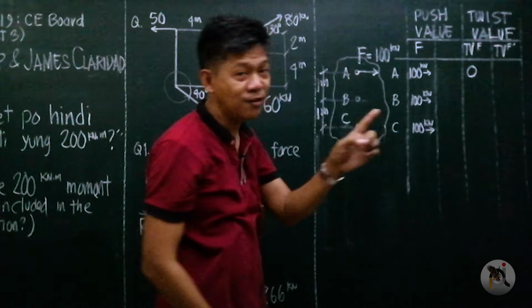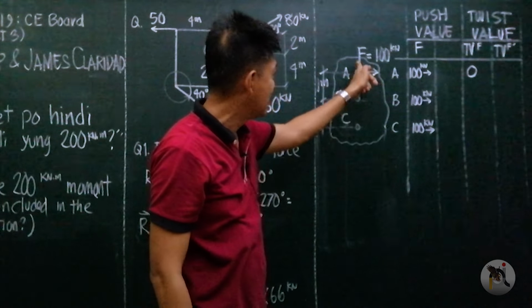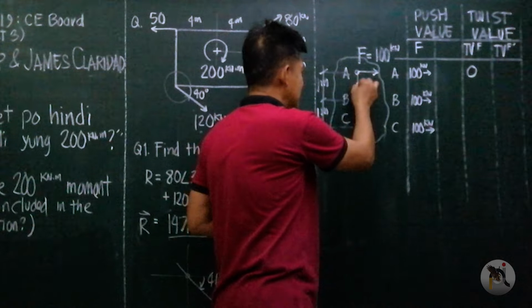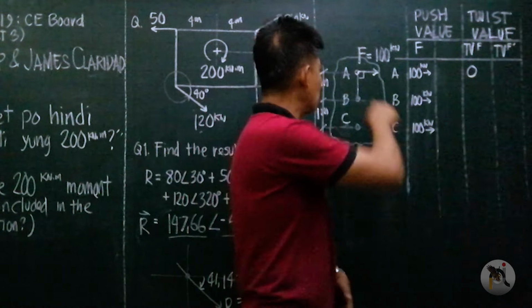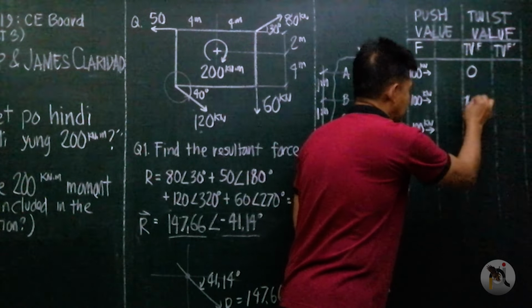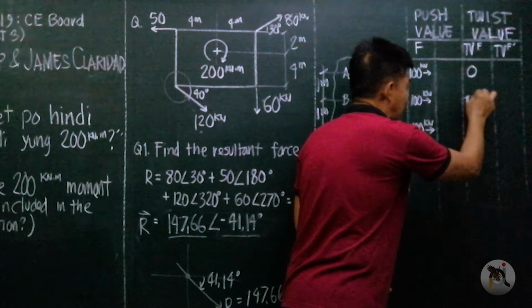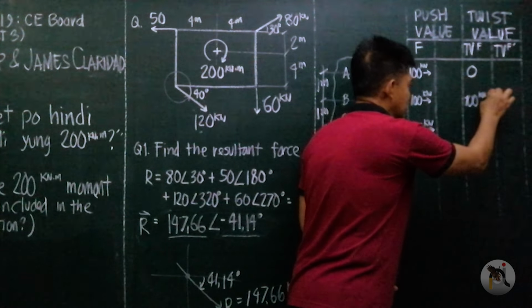So the twist value at point B is going to be the force times the perpendicular distance. So it is 100 times 1. It is 100 kilonewtons times 1 meter, 100 kilonewton meter.